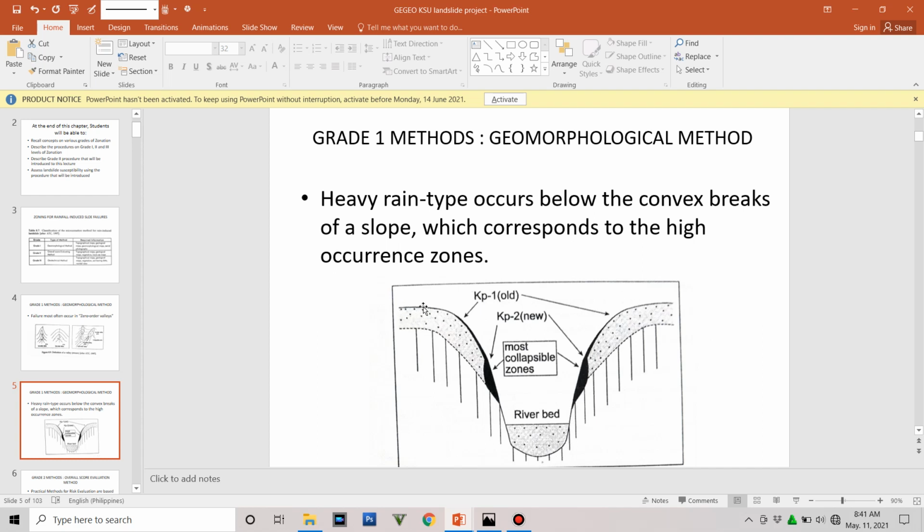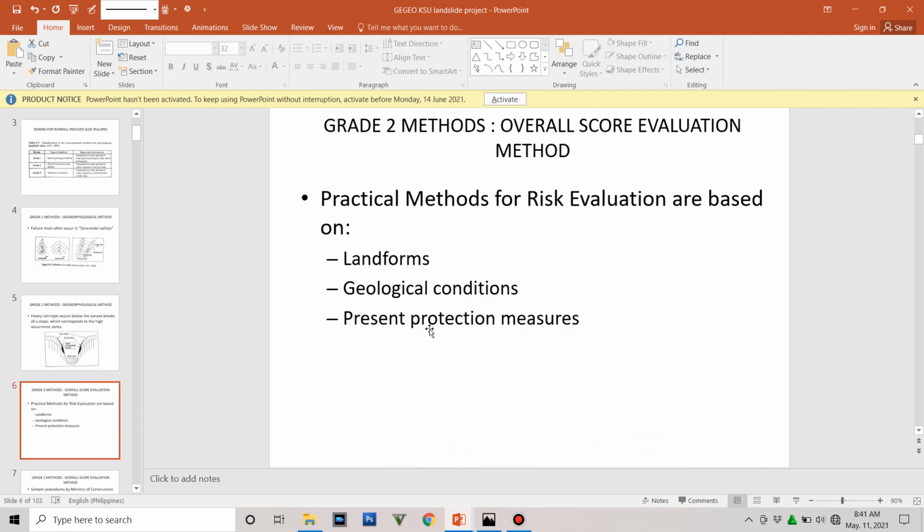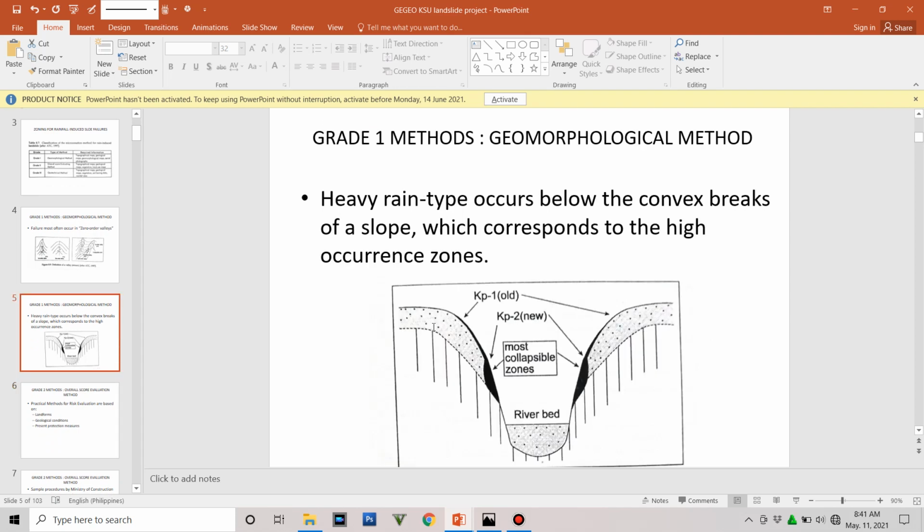So this is the concave curve. There will be a reversal on the curve here, and on that reversal we will have a convex zone. Okay, so the location of the transition is actually the most collapsible zone on that section. So if we have those two criteria, we are in the grade 1 method.